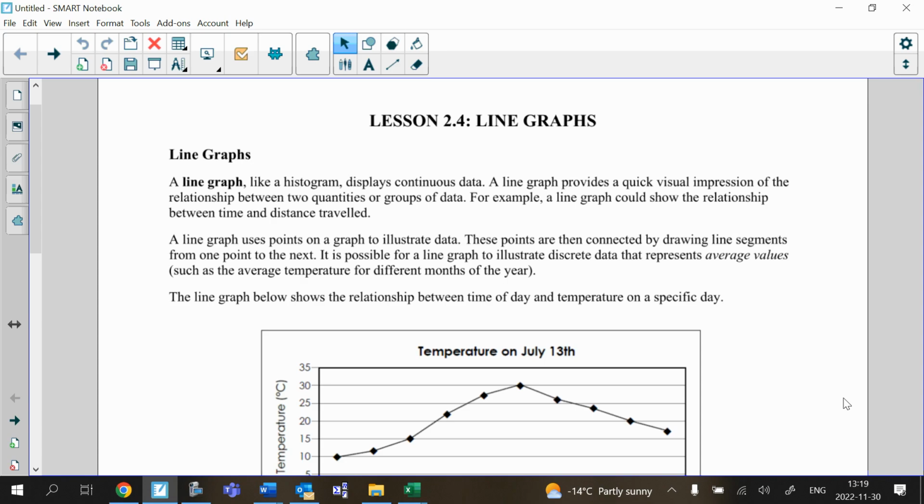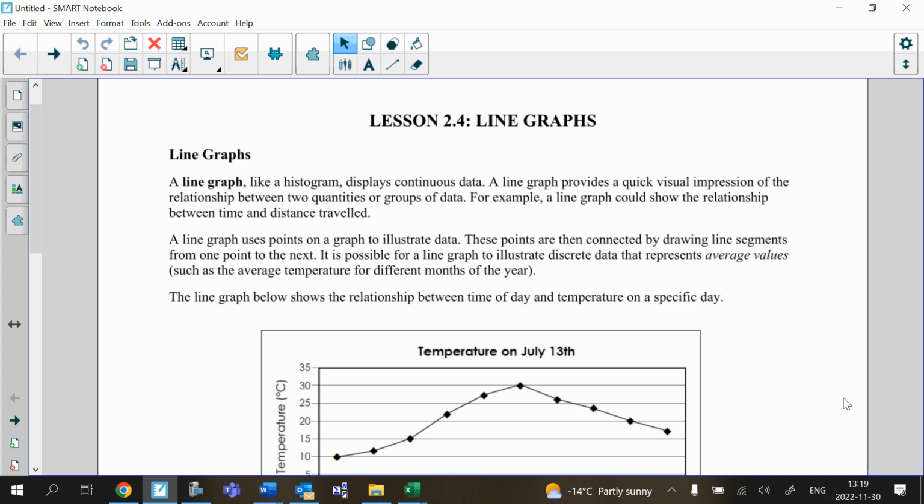Basically, line graphs are good because they show trends through a series of points and segments connecting all those points. So when you look at a line graph, which I'm sure you're all familiar with, it's easy to describe what's happening.